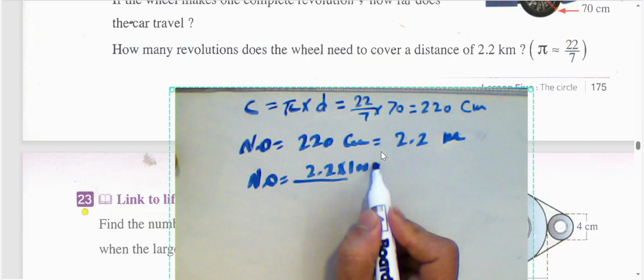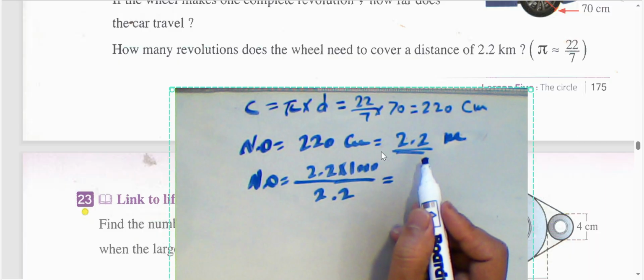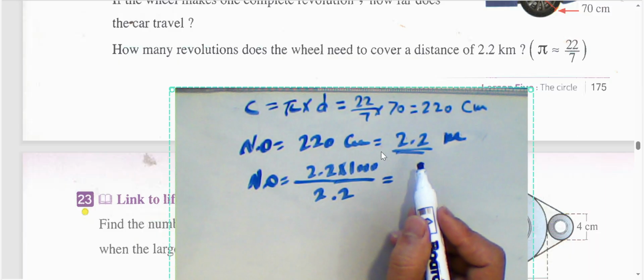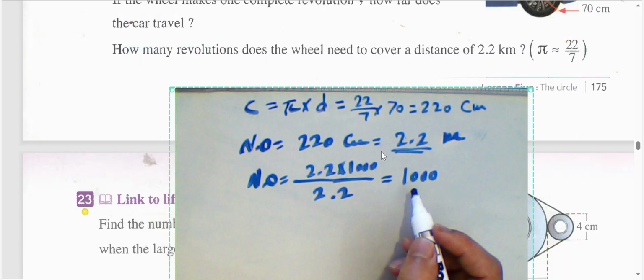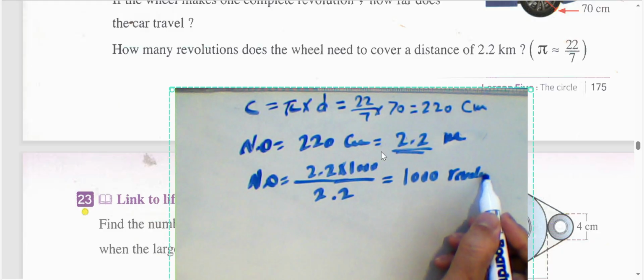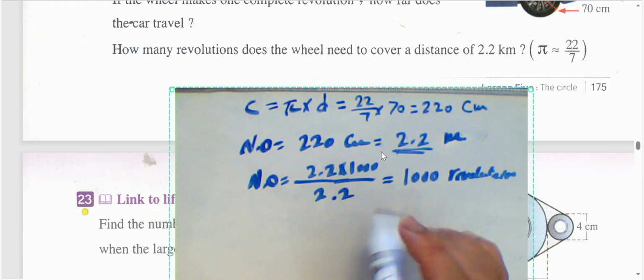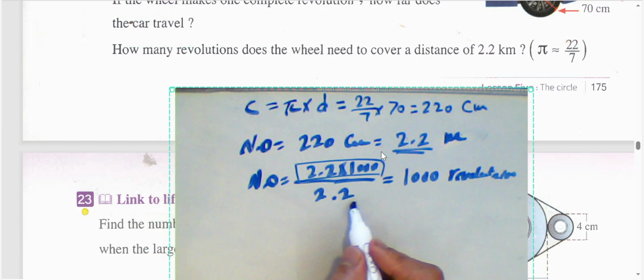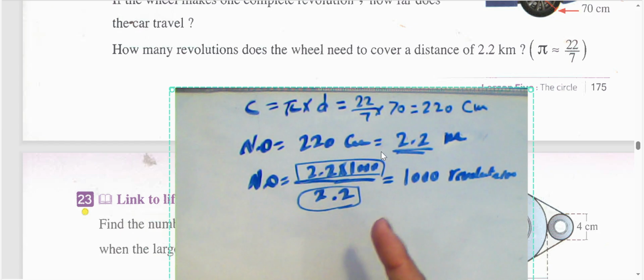I will product by 1000 to convert to meter and then divide by 2.2. Then the number will be 1000. The number of rotations will be 1000 revolutions. To find the number of revolutions, find the circumference divided by what? The circumference of one rotation.